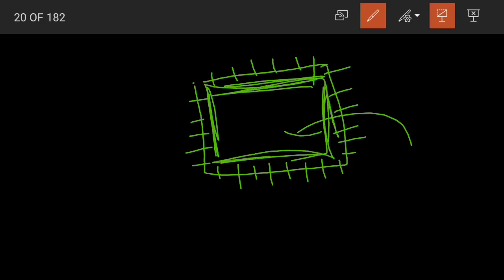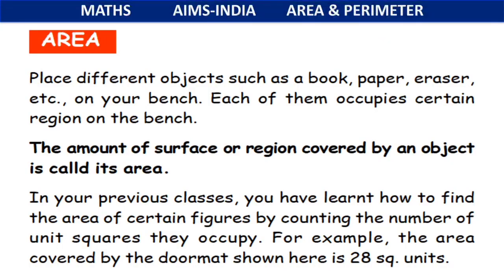I should know the perimeter of the garden, so that I'll know how much fence I will need to cover the whole garden. So like this, the area and perimeter are used in our daily life, children, in many situations. I've just given 2 examples. In many situations, we use the area and perimeter to solve our daily life problems.